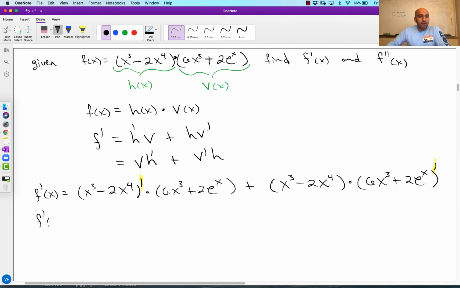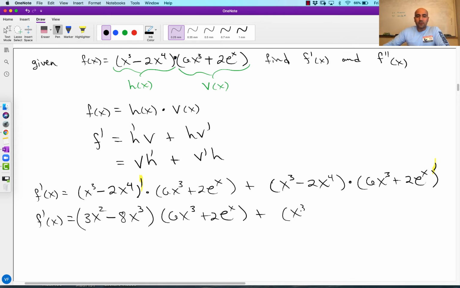So that first derivative is going to be equal to the derivative of this, which is 3x to the second power, minus, and now here we multiply the 2 and the 4 to give me 8x to the third power, put that in parentheses, times, and then leave this alone. So this would be 6x to the third power plus 2e to the x power, plus, okay, now we have to leave the first one alone.